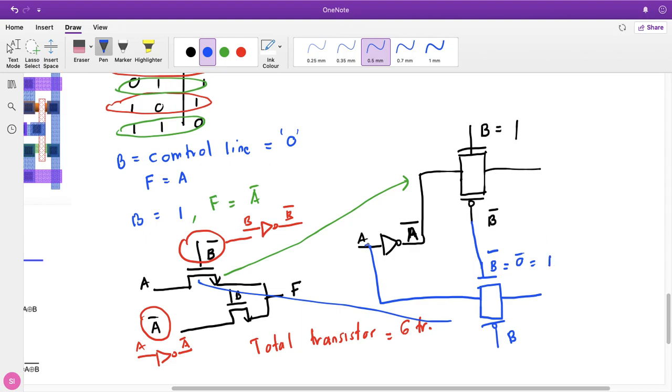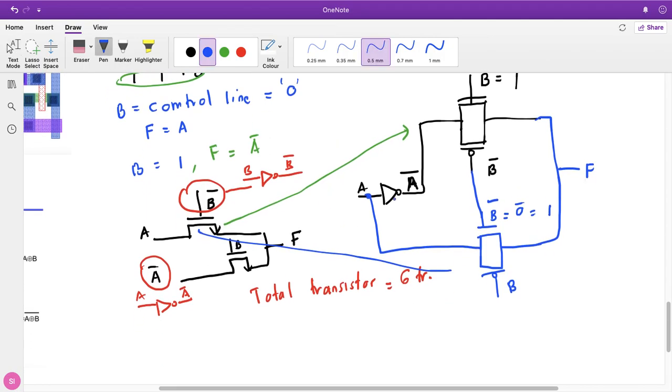The input is coming from A. Then B bar, since B is equal to 0, it will turn on this PMOS. So at the output, it's tied to F. This network of pass transistor logic of XOR function, or XOR cell, is represented using transmission gates by adding more transistors.